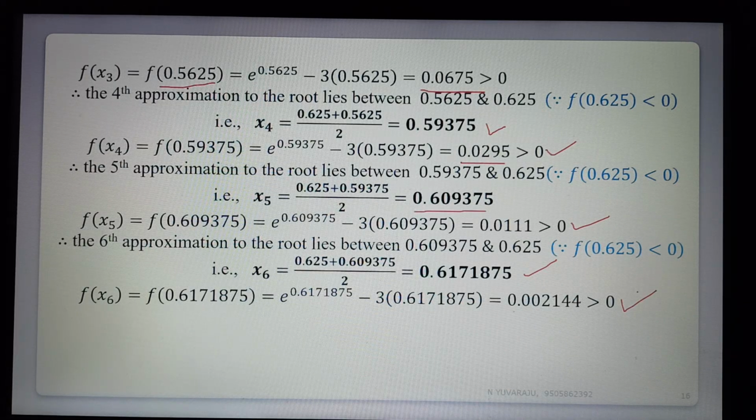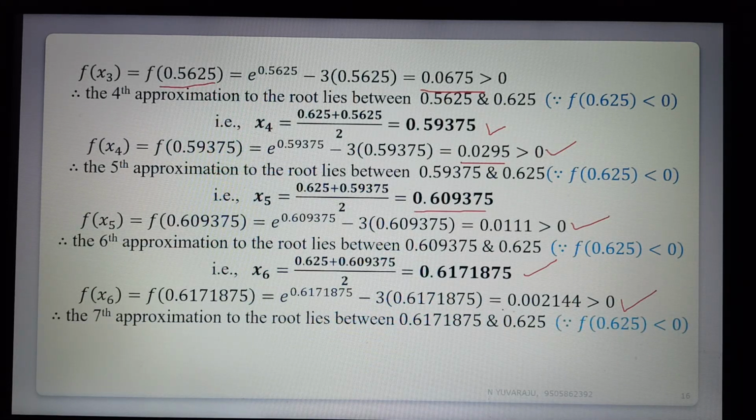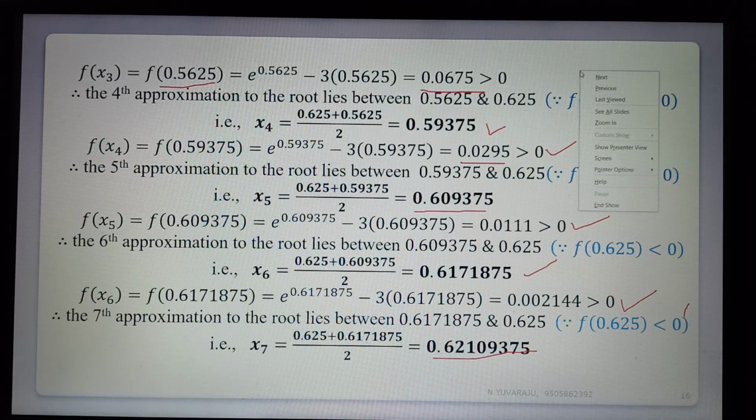So the next root lies between 0.61711875 and 0.625, because f of 0.625 is positive and all the others consecutively are positive, only the previous value is negative. So that is the seventh approximation 0.62109375. This is substituting in the given equation.